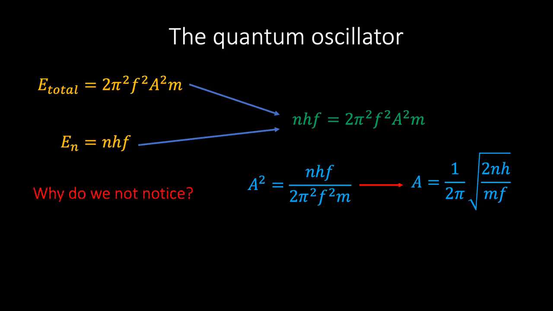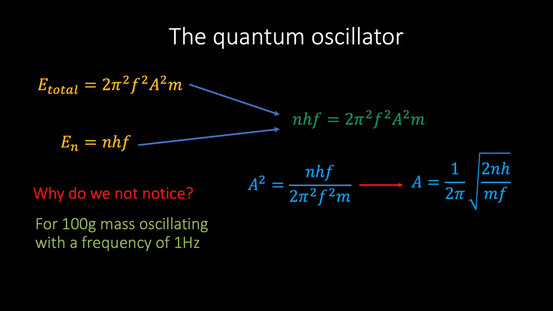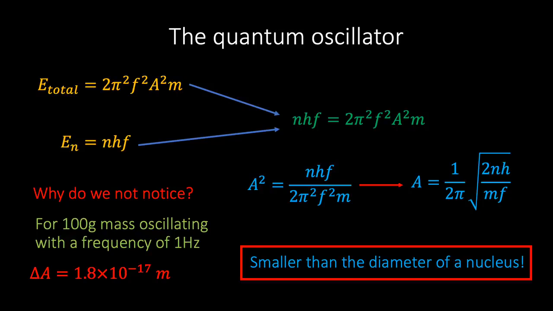So why don't we notice this in everyday life? To see why, let's put a few numbers into our amplitude equation. If we have a 100-gram mass oscillating with a frequency of 1 Hz, or once per second, then we find that the difference between each allowed amplitude is 1.8 times 10 to the minus 17 meters, which is smaller than the diameter of a nucleus.